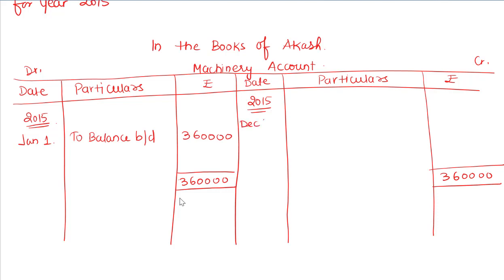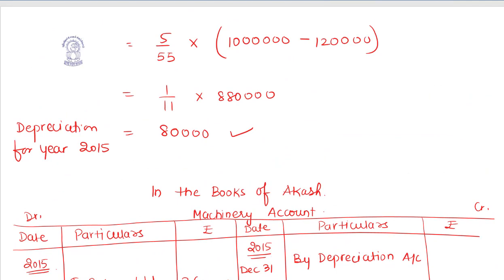Depreciation, December 31. On the last day, we need to charge depreciation. So by depreciation account, we have calculated the depreciation for 2015, which is 80,000.